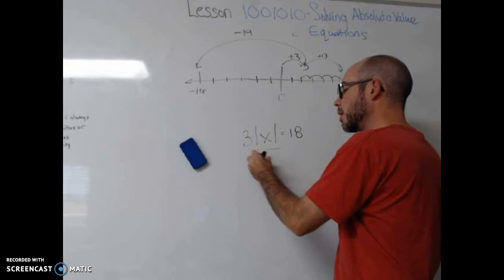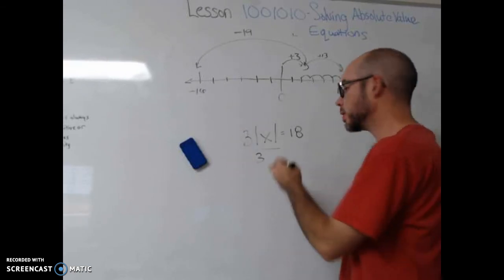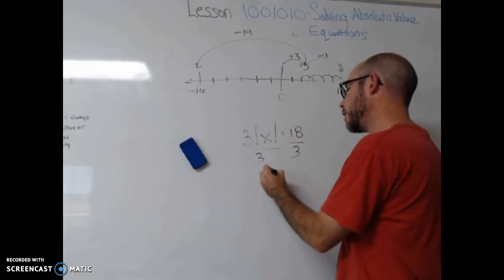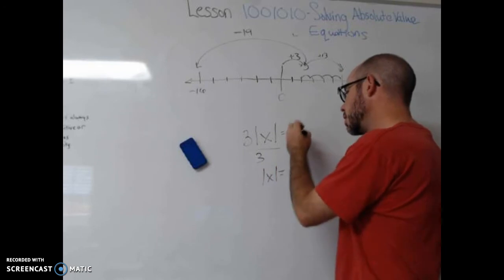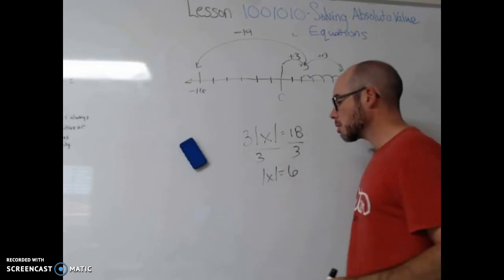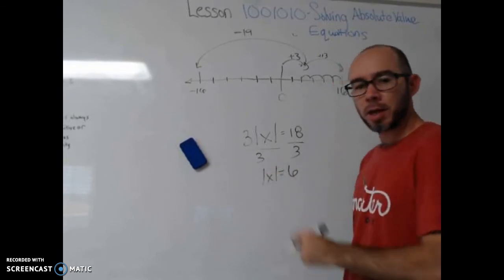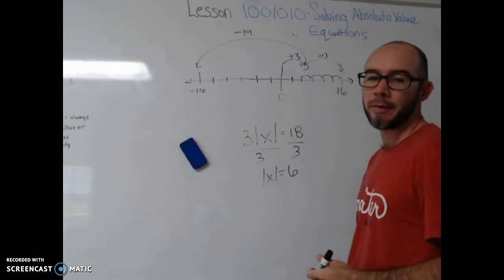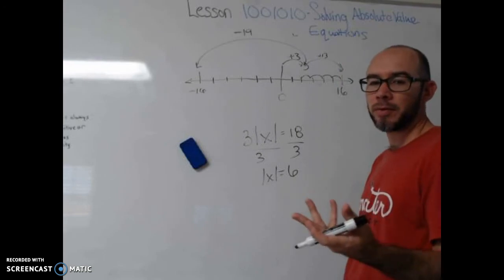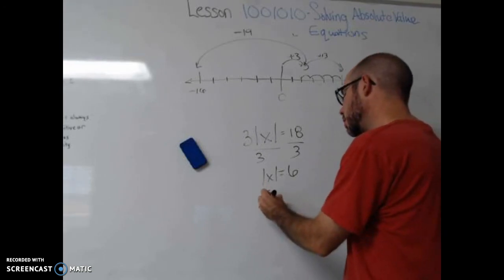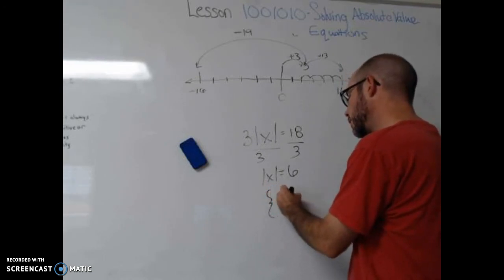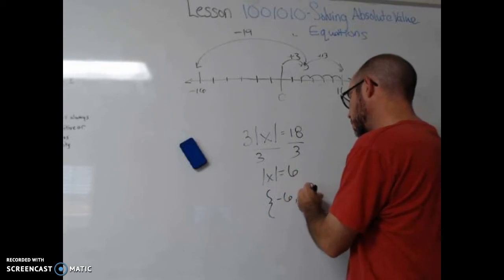We can divide by 3 and not really mess with the whole situation here. And so we could have the absolute value of x equals 6. Well, remember, we could put a negative 6 in there, and this would be true because we're just saying how far away from the origin. We want to be 6 away from the origin. So the answer to this could be negative 6 or 6.